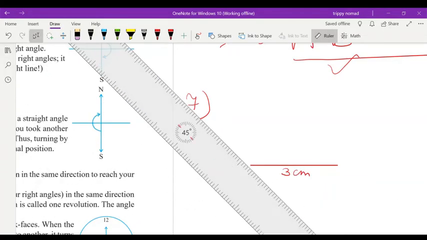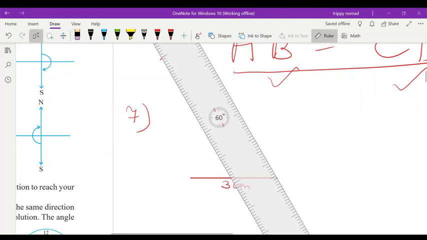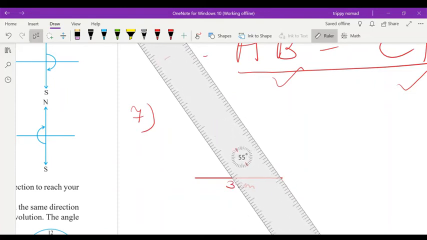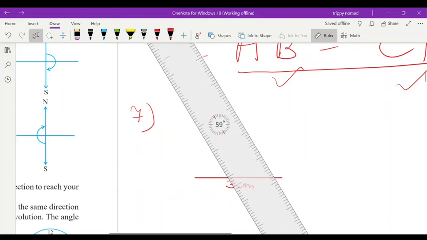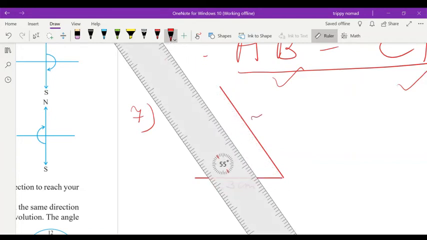Now another line I have drawn here, that is about 7 centimeter.